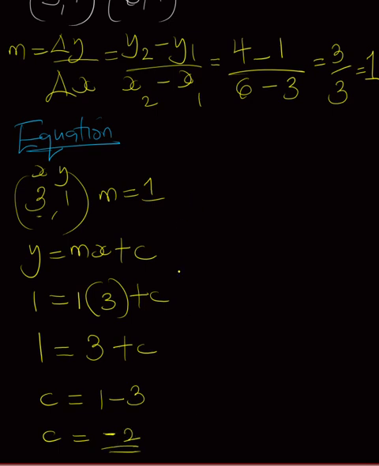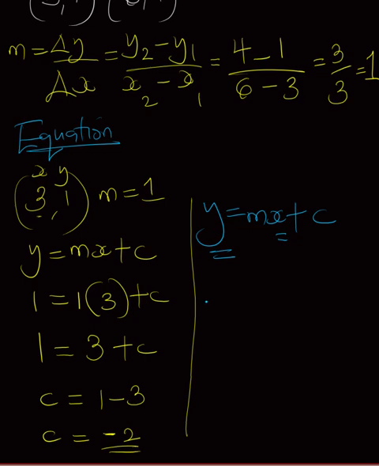That is our c. So to find the equation, we are going to write it in the standard way, but keeping y and x constant. So this is what I mean: y is equal to mx plus c, but y and x will just be constant. We replace only m and c.